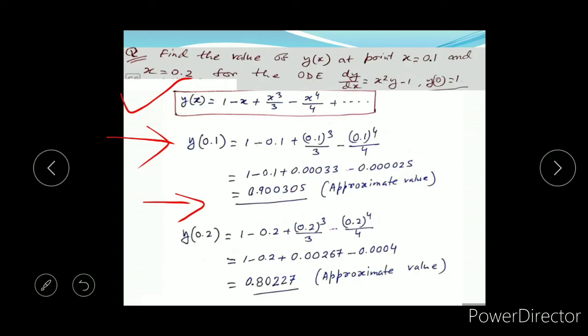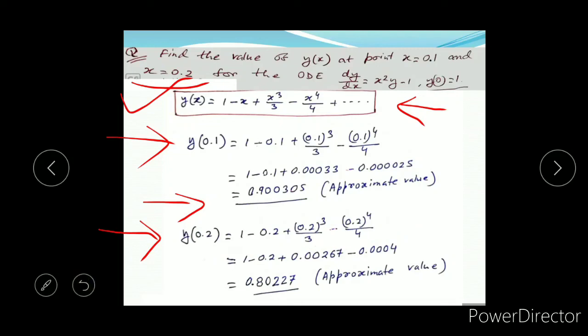And also remember, this will be the approximate solution for y(0.1). Again, y(0.2) as asked in the question, that means x equals 0.2. So putting x as 0.2 in this equation, we'll get 1 minus 0.2 plus 0.2 whole cube by 3 minus 0.2 to the power 4 by 4, right?